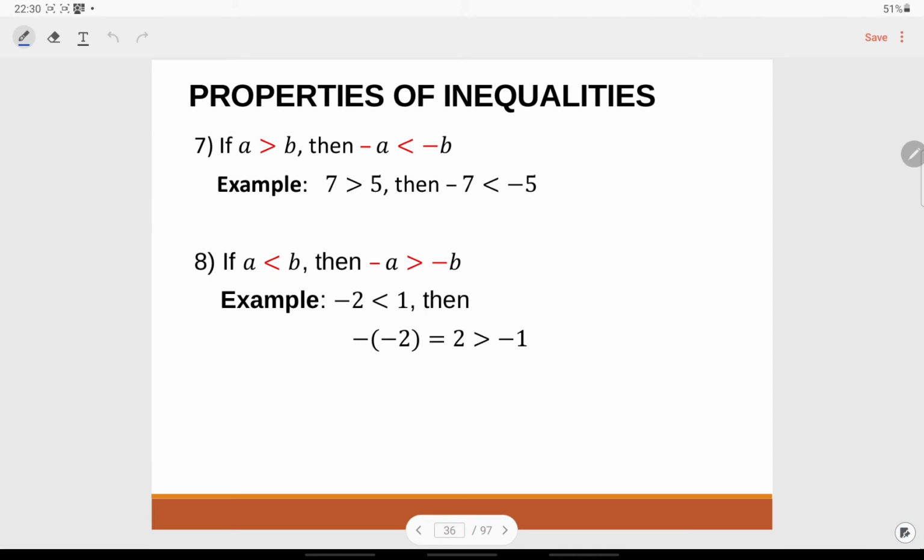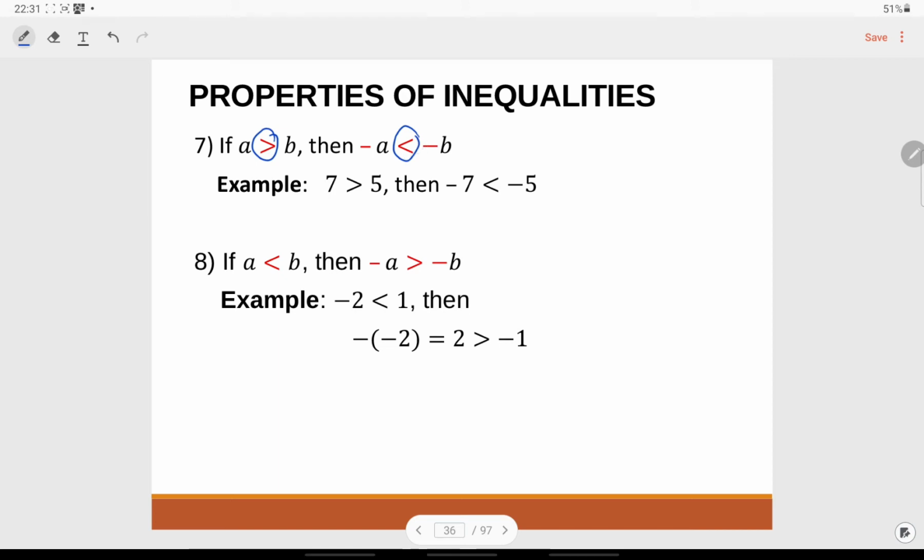Next, if A is greater than B, then negative A is less than negative B. The important point here is this sign. Because A and B become negative, we change the direction of this inequality, so it becomes less than. Previously it is greater than, now it becomes less than.